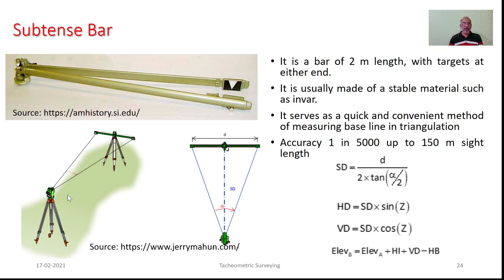So the way you see here, we make use of a theodolite or tachometer-like equipment at the station, and we can set this particular subtense bar at a station up to which we wish to measure the distance.